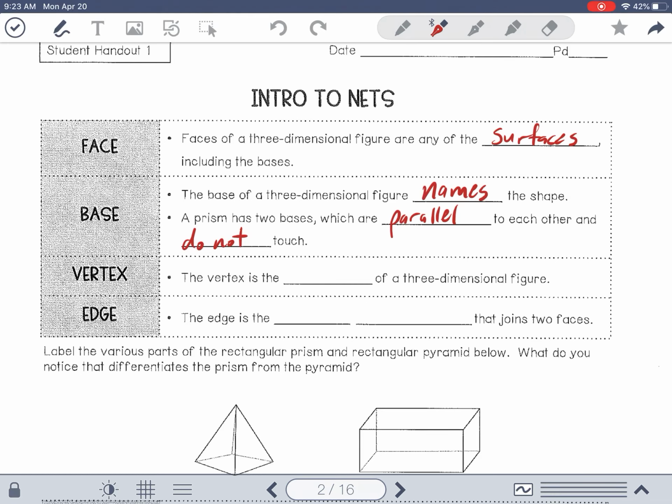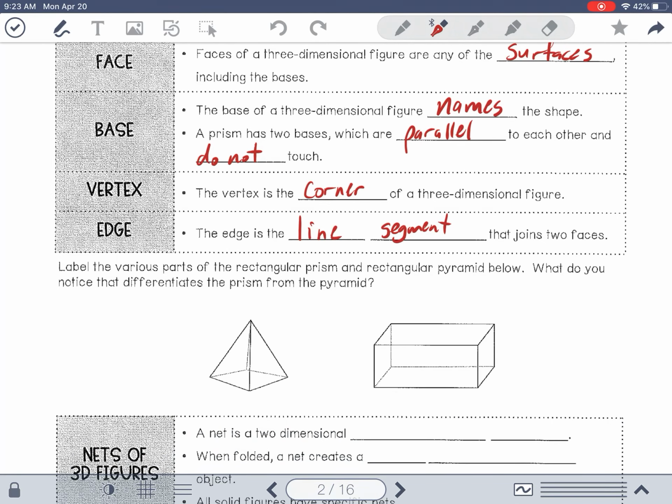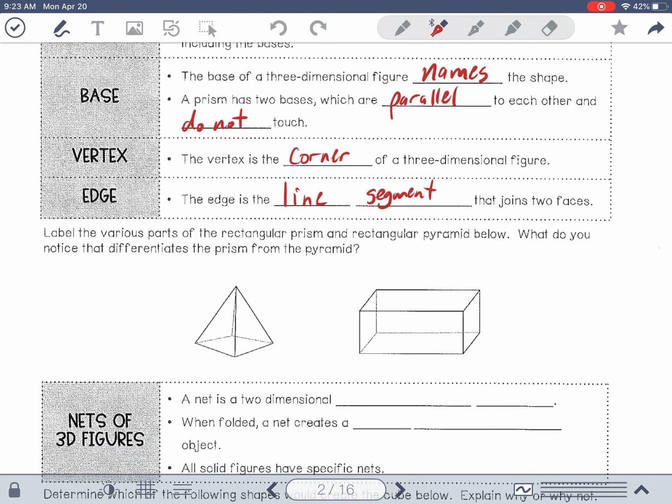Now, the vertex is the corner of a three-dimensional figure. And lastly, the edge is a line segment that joins two faces. Okay, the line segment that joins two faces.